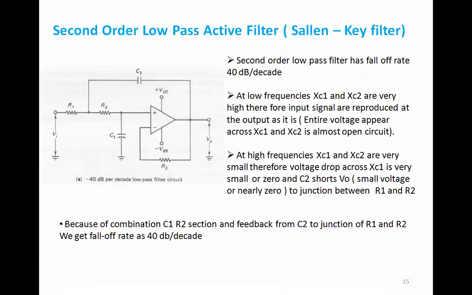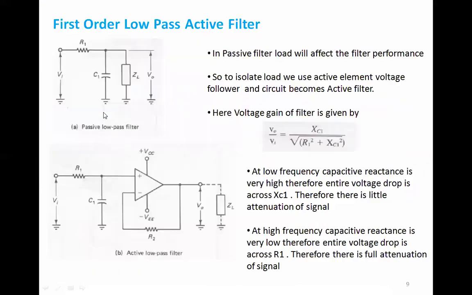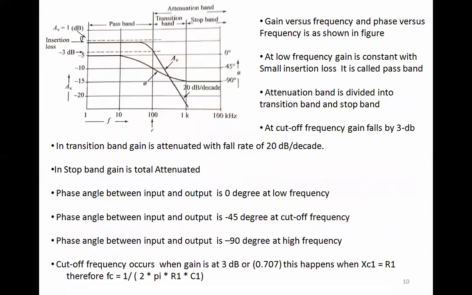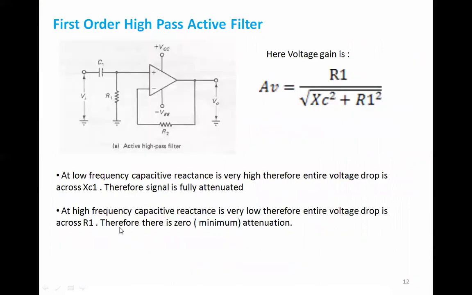Now we will move on to the second order. In second order, the difference that you can see here is I have an extra resistance. Let us go back. Here I just had one resistor, one capacitor, and a resistor across my feedback network. I didn't have any capacitance in the feedback network.